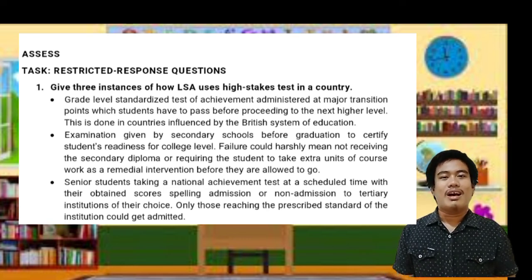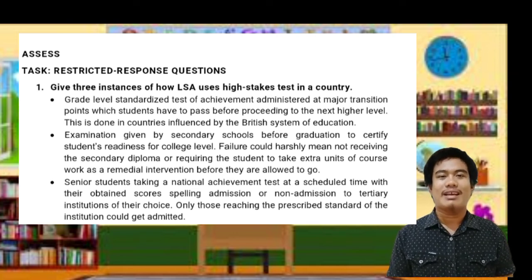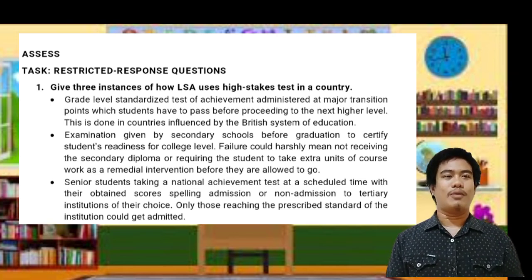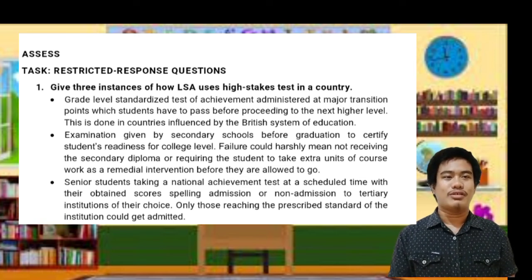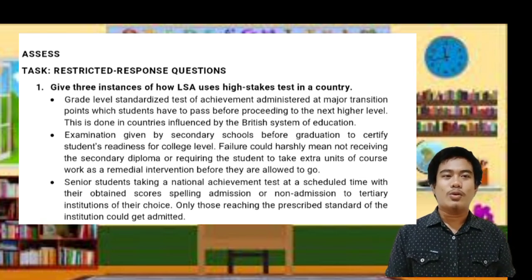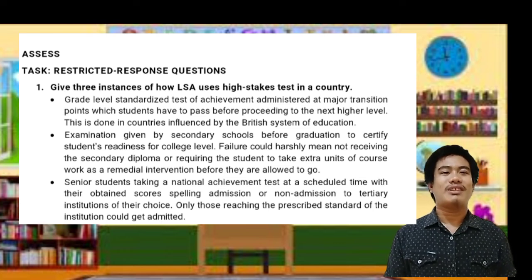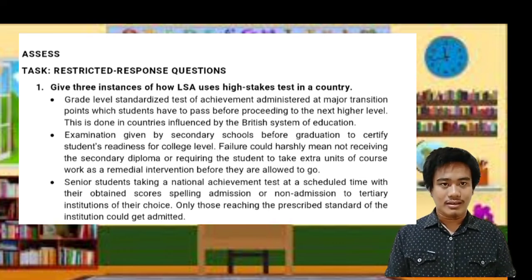Third one is the senior students taking a national achievement test at a scheduled time with their obtained scores spelling admissions or non-admissions to tertiary institution of their choice. Only those reaching the first standard of the institution could get admitted.